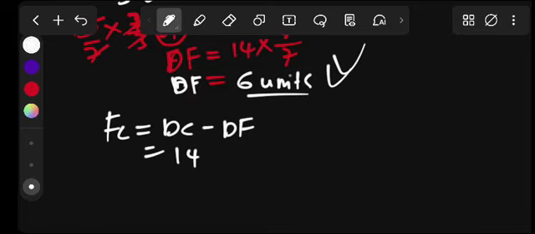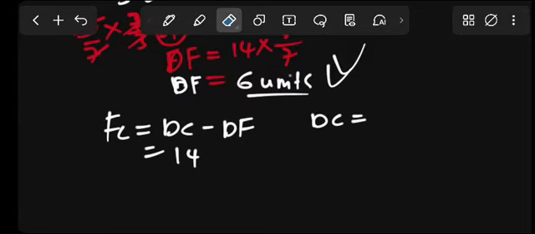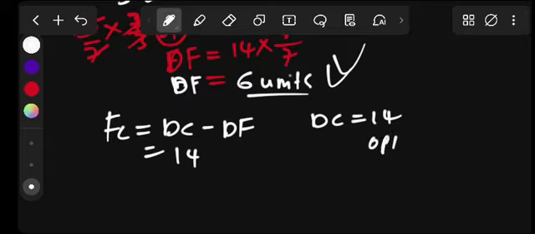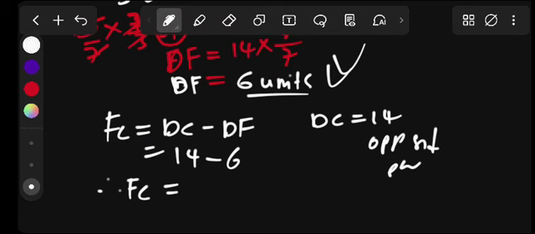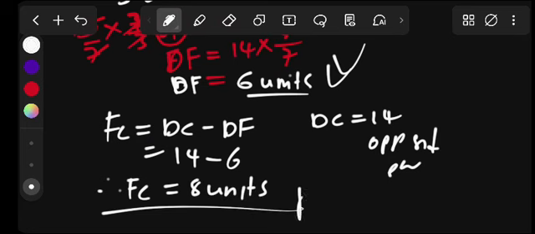Remember, DC is equals to 14. The reason is that I said it's the opposite side of a parallelogram. We minus the DF we've calculated, which is 6. So therefore FC is 8 units. So this is what we have there.